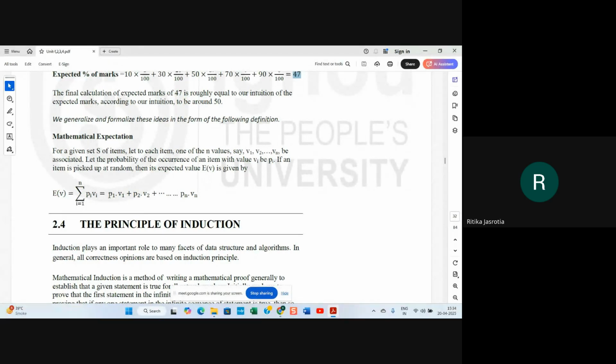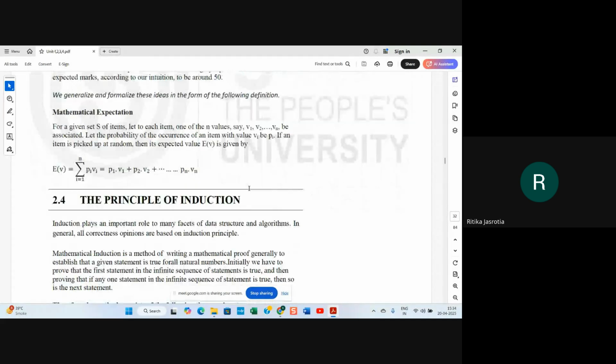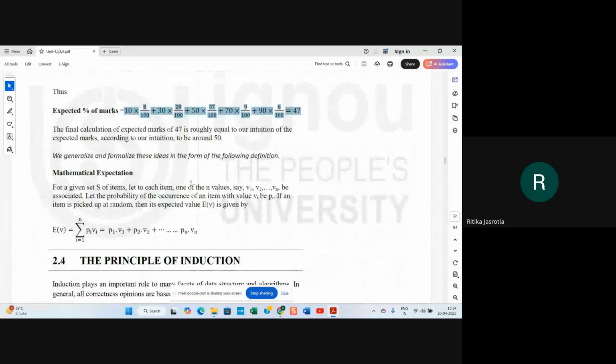Pi vi is equal to p1 into v1 plus p2 into v2 plus up to pn into vn, which is the one they are talking about, right? Probability into the value. That is what the mathematical expectation formula is.